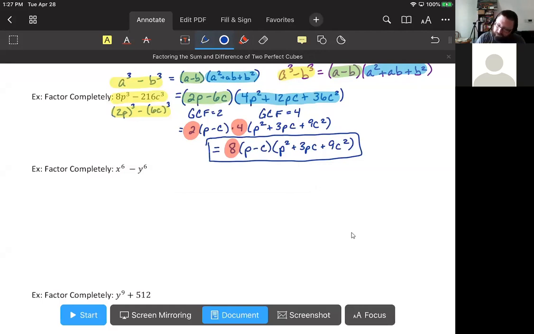So the next one here, there is no GCF, but this does fit our pattern. We've got x squared cubed, that would be x to the 6th, minus y squared cubed. So that fits our pattern of a cubed minus b cubed.